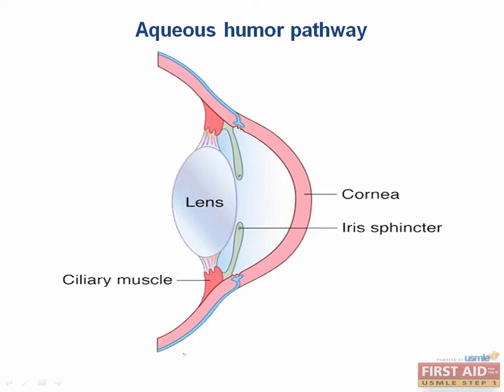Aqueous humor is produced by the ciliary body. Try not to confuse this with the ciliary muscle, which controls the concavity of the lens. So this occurs in the posterior chamber, and the humor then travels to the anterior chamber through the pupil. It is resorbed through the trabecular meshwork into the canal of Schlemm. Aqueous humor has a number of different functions.